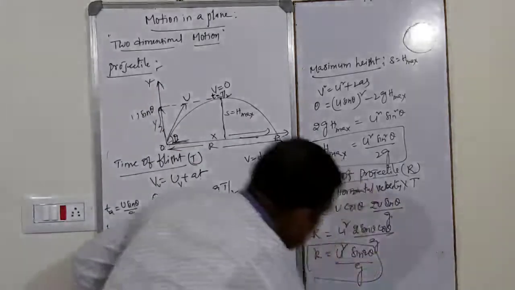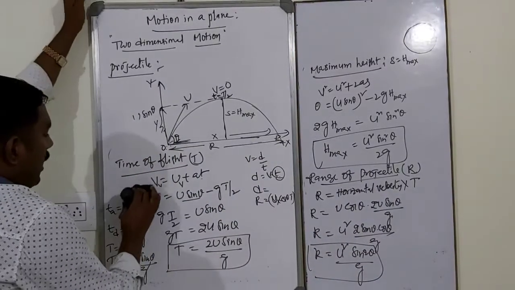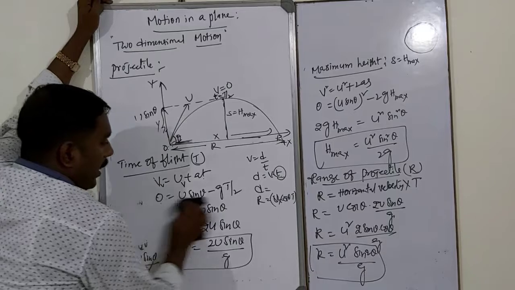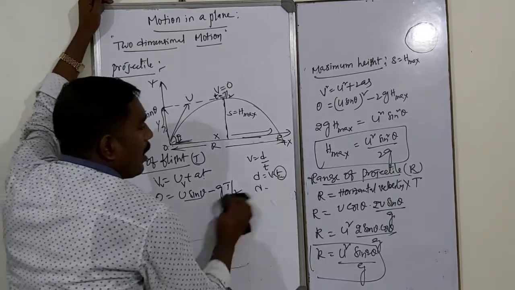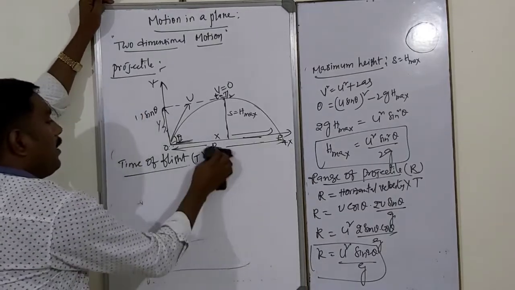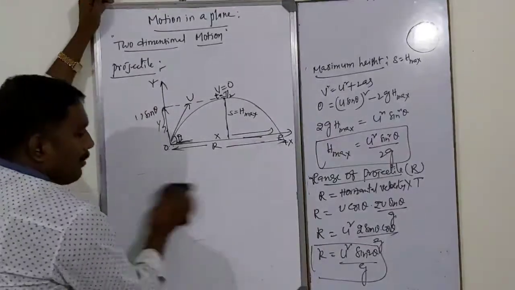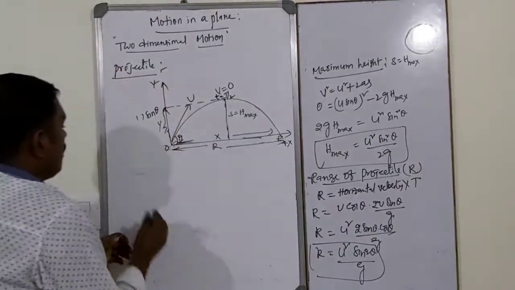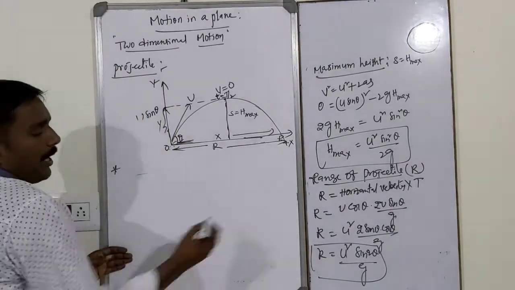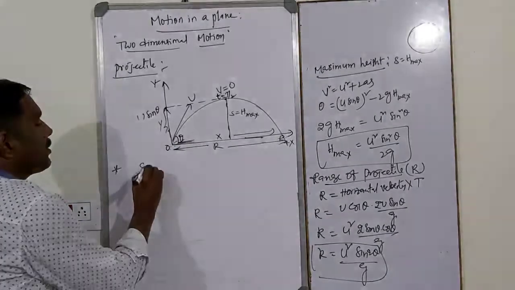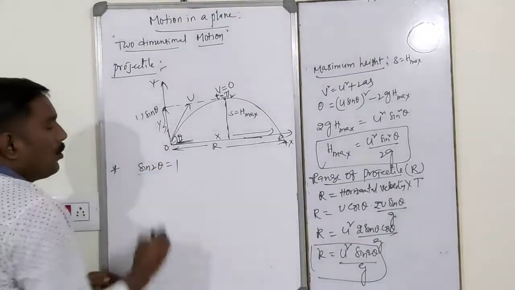So dear students, the important one is at what angle the range of projectile is maximum. For what angle is range maximum? Sin 2 theta is equal to 1.